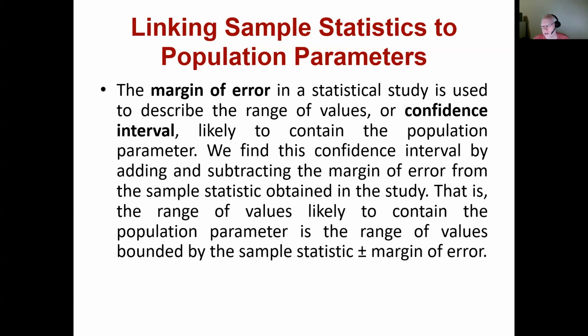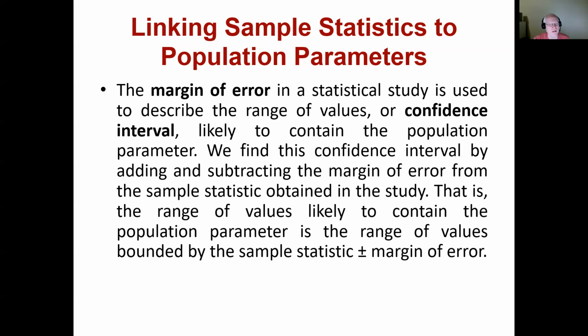We tell you that there's a margin of error of 2%. You don't have to know where that margin of error came from yet; that's something for later. Right now, just take it on trust that the margin of error is 2%. The margin of error defines the range of possible values where the population parameter should lie.